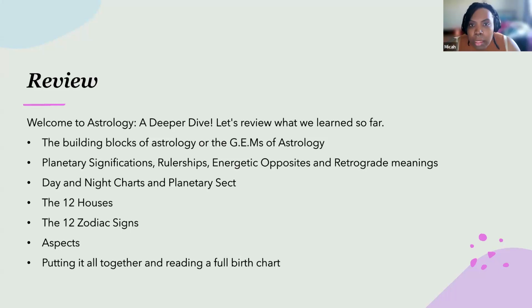Hellenistic astrology is basically the more traditional, ancient way of reading Western astrology. Modern astrology is more psychological, whereas Hellenistic astrology was what we used to track major events.